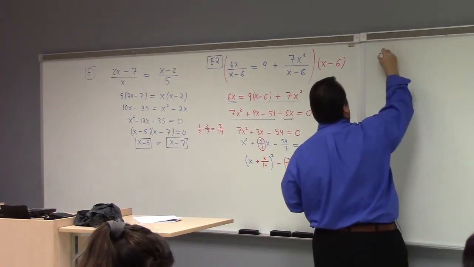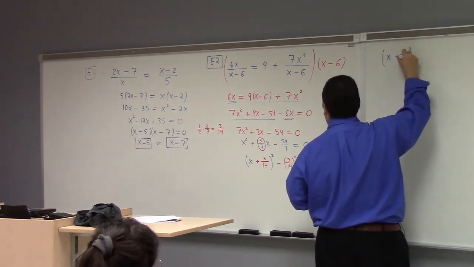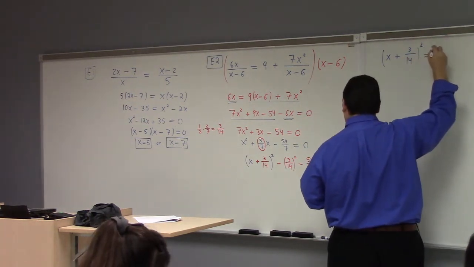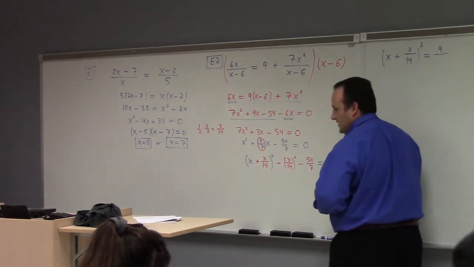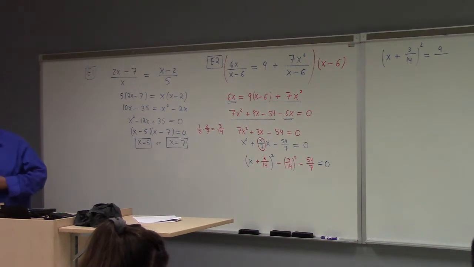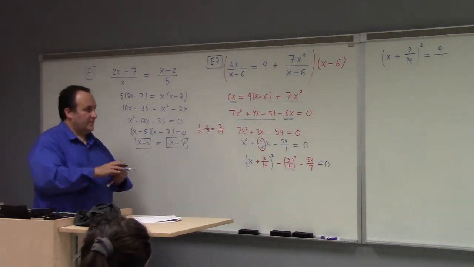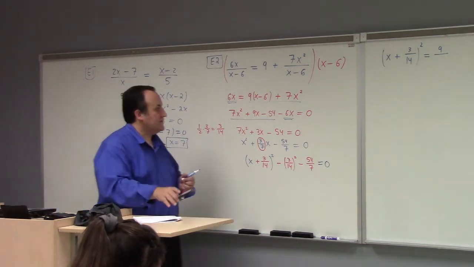So that's going to give me x plus 3 over 14 quantity squared equals 9 over, what's 14 squared? 14 times 14, 140 plus 56, 196. I think 14 squared is 196. Yeah, 196.